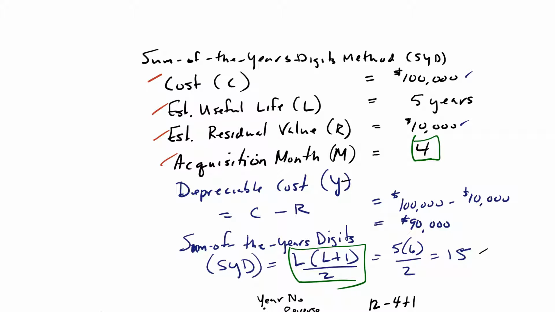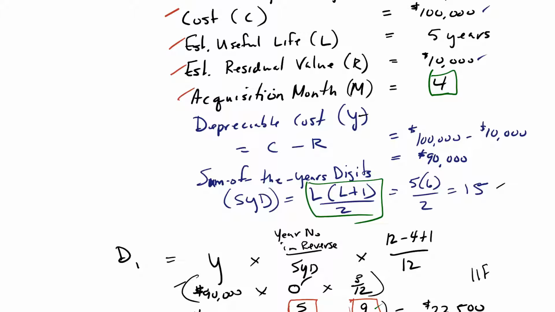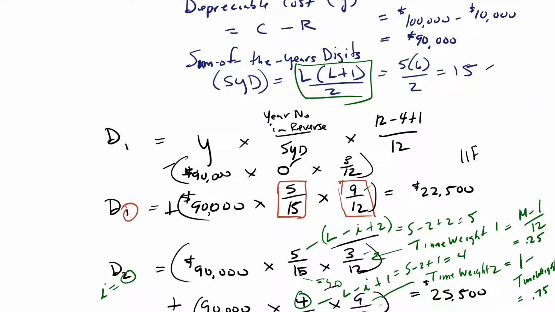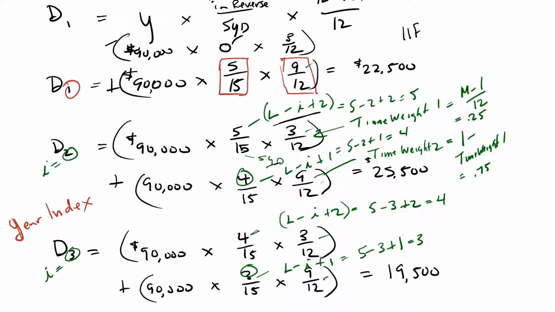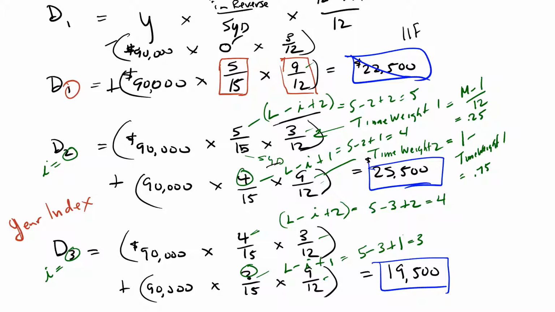As we do this, keep in mind the amounts that we computed in this example for our depreciation: 22,500 for the first year, 25,500 for the second year, and 19,500 for the third year.